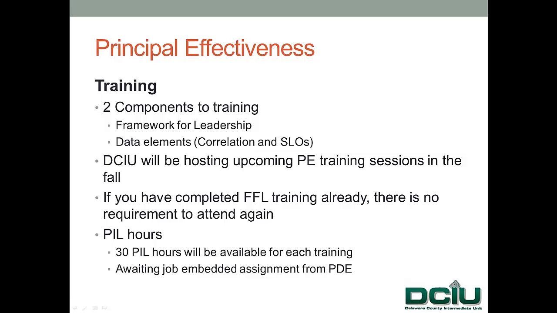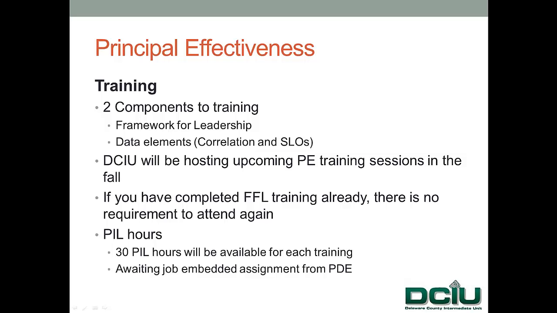One thing we do want to point out is PDE has made it clear that both of those trainings will now be eligible for 30 PIL hours. We are just awaiting the job embedded assignments that go with each of those courses. And so once you take those courses, there will be job embedded assignments that must be completed.